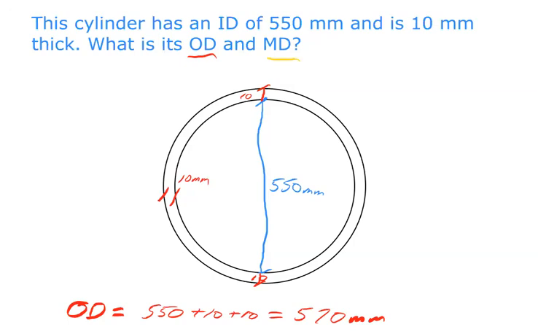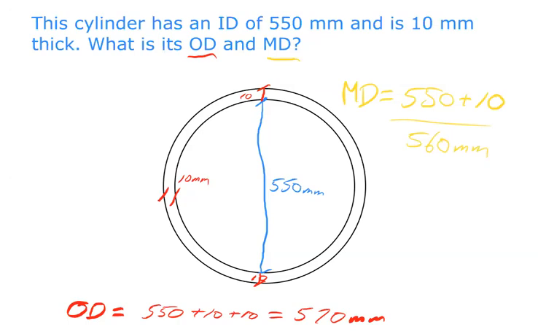So the mean diameter equals 550 plus 10. That's it. So the mean diameter is 560 millimeters. It is the inside diameter plus one thickness, or half a thickness on each side, top and bottom.